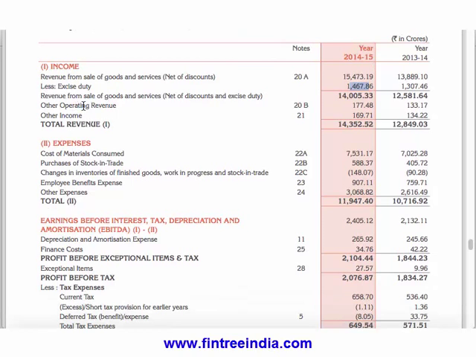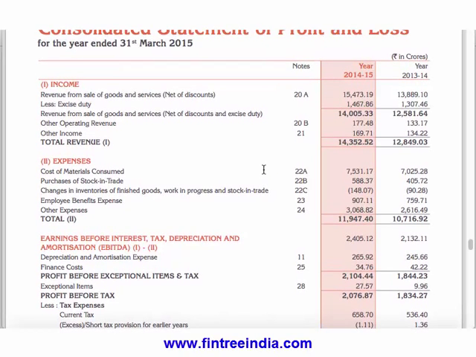Then other operating revenue, other income, explanation is available for each of these items in the notes, but roughly your total revenue is about 14,000 crores. One thing we can immediately calculate from this, we can calculate a fixed asset turnover ratio.